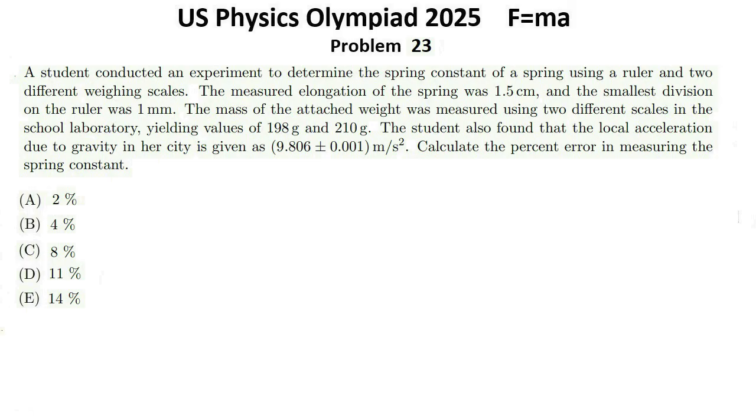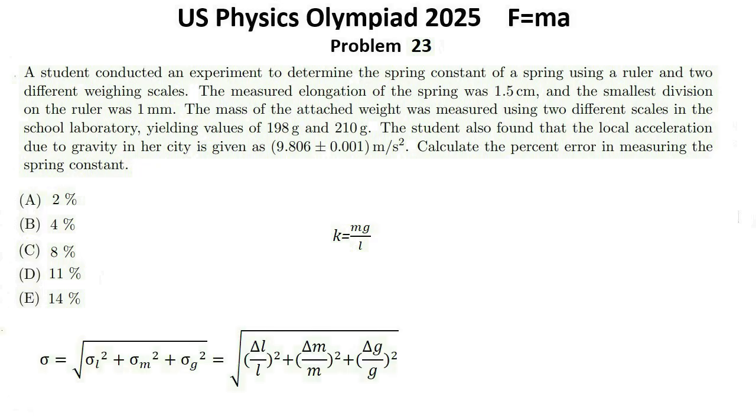Solution to problem 23. The relative measurement error of the spring stiffness is calculated as the root mean square of the measurement errors of all 3 independent parameters: the length of the spring, the mass of the load, and the acceleration of gravity. Since k is equal to mg divided by L, we have a simple formula. Here delta L is the measurement error of the ruler, that is, 0.5 millimeters. The measured length L is 1.5 centimeters.